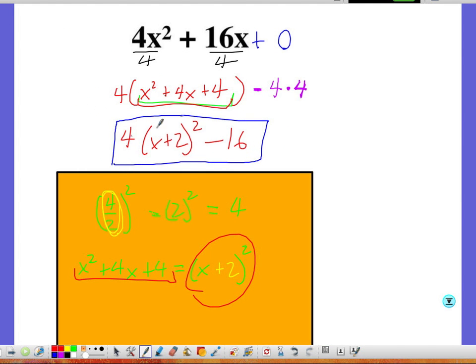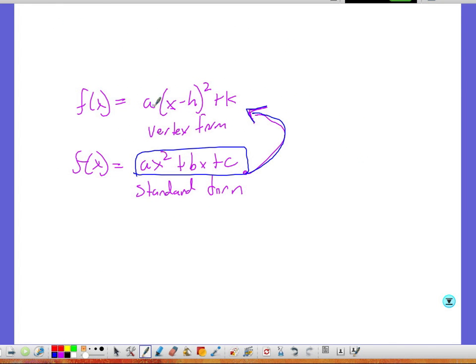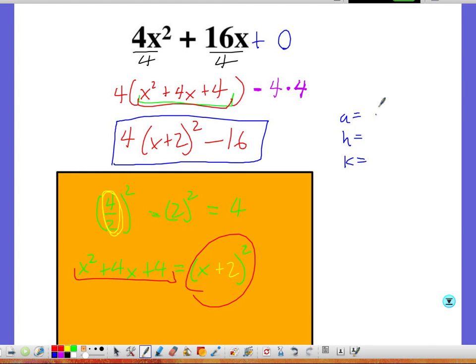And so can you see, just by looking at the vertex form, I can find a, h, and k. Here, a is going to be the number in front, h is always the opposite sign, and then k is right at the end. So a here is 4, h is always the opposite, so the opposite of plus 2 is negative 2, and then k is negative 16.